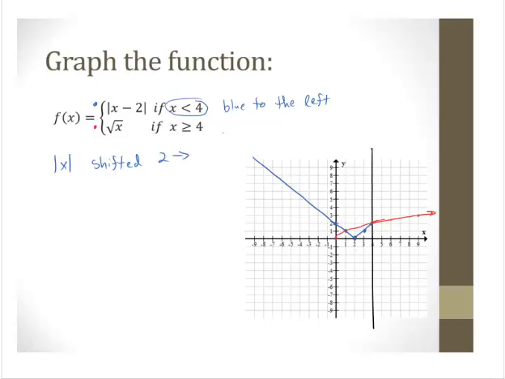And we want square root of x if x is greater than or equal to 4, so red to the right. So let me erase all of the red that's on the left of that boundary. And I'll erase the boundary itself while I'm at it.